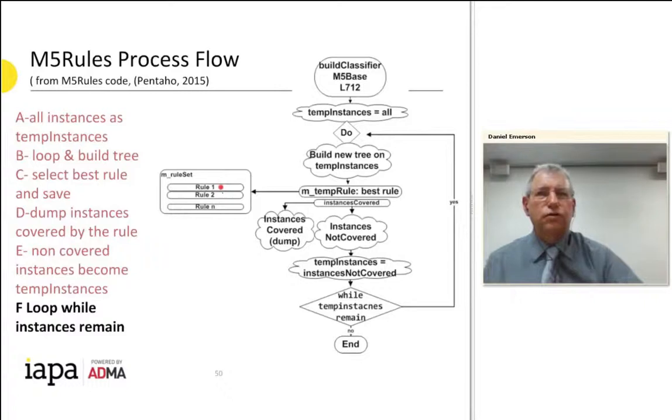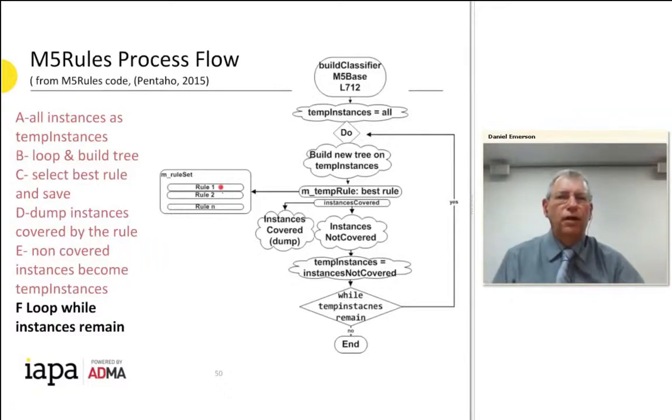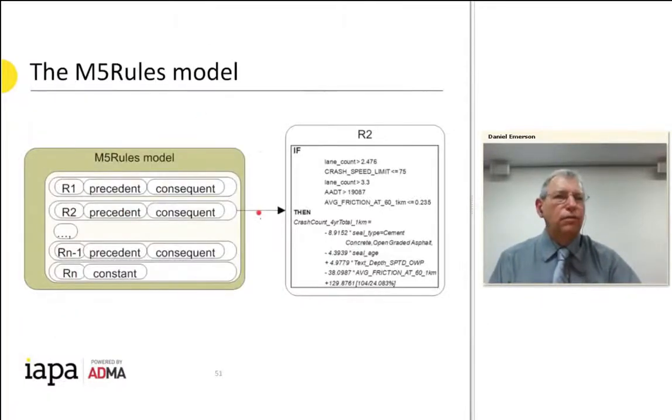The particular rules look like the following. We have a number of rules here going from rule 1 down to rule n. They have a precedent which actually describes the conditions to instantiate that rule, and there's a consequent which actually makes the calculations.